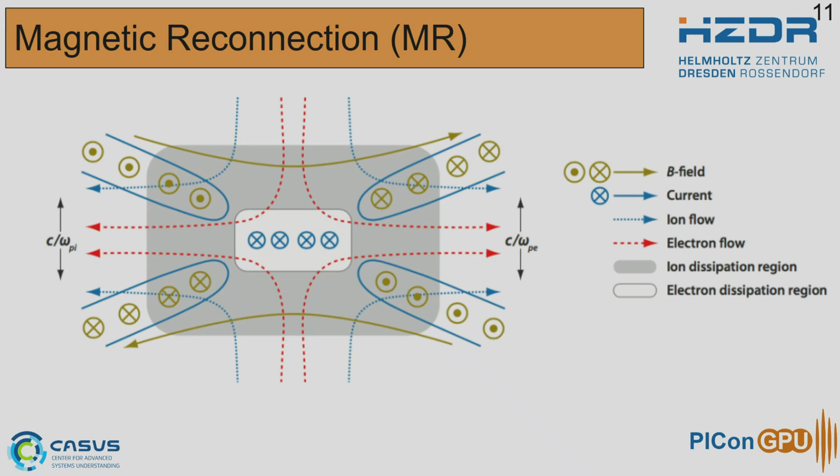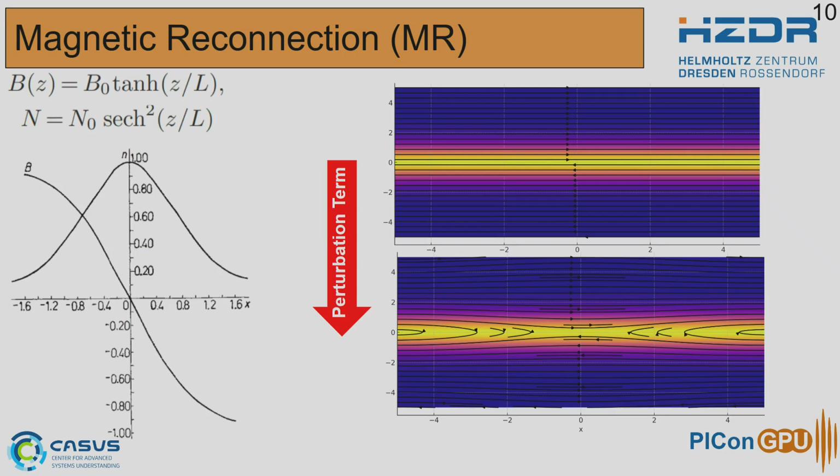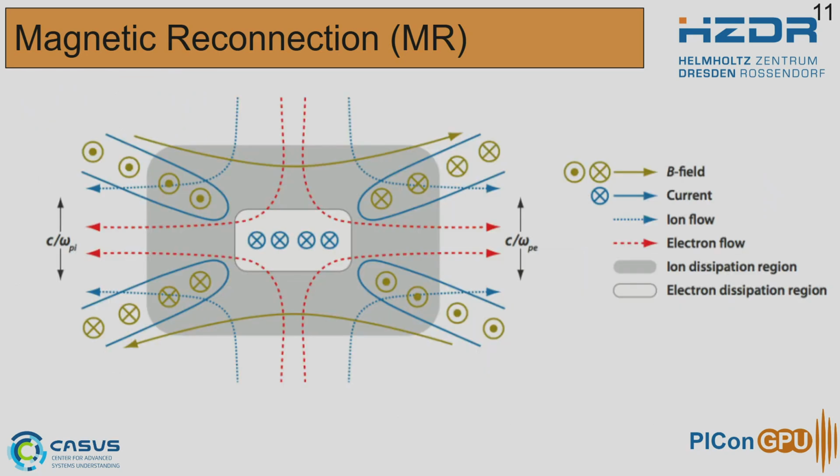So the ions and the electrons will be pushed into this central piece. But they will also be accelerated outward. Why will they be accelerated outward? It's because in the middle, as you were able to see in the picture before, the magnetic field becomes zero. And so when you put a high density plasma there, it will go into these opposite directions. So that's one part of the dynamics, the plasma moving inward and then being ejected outward.